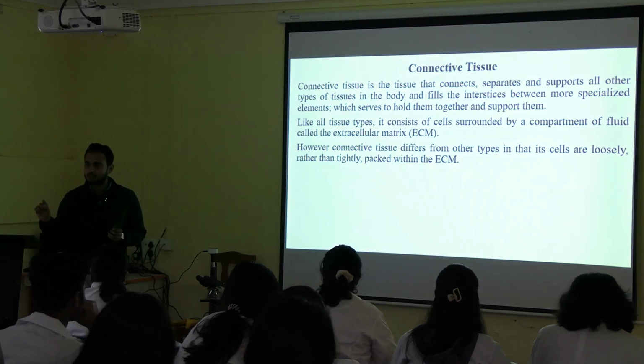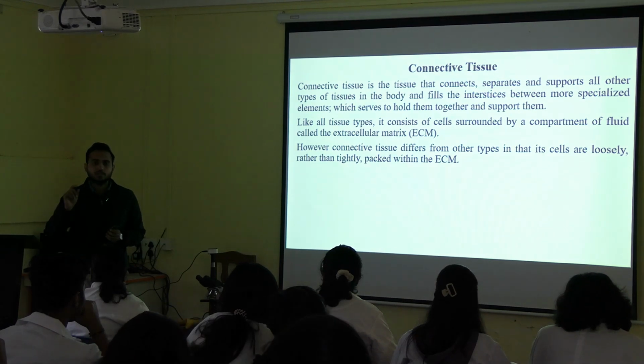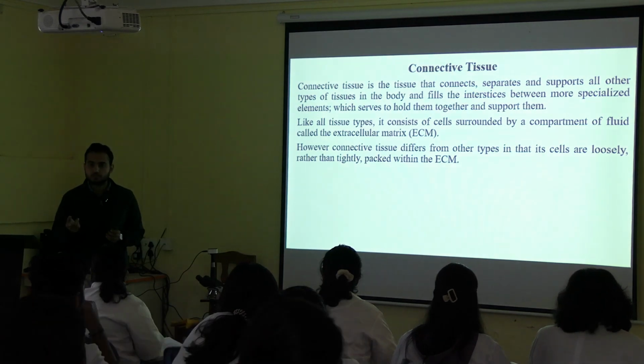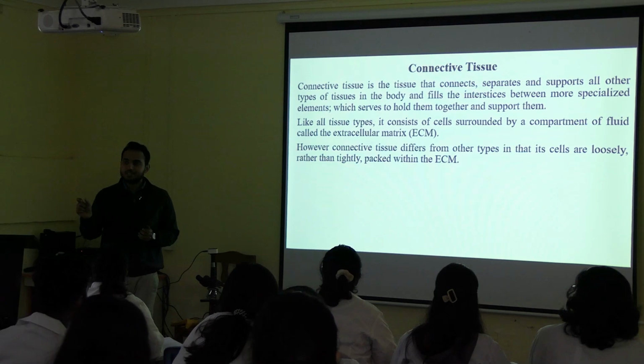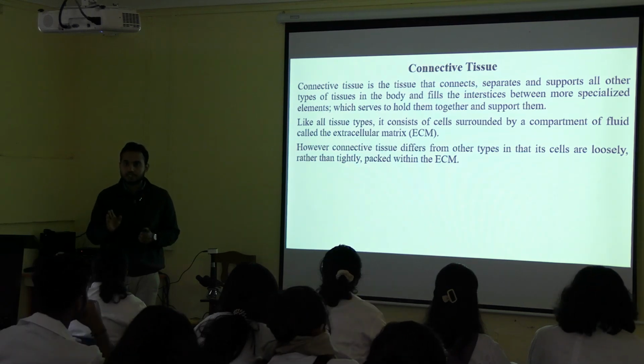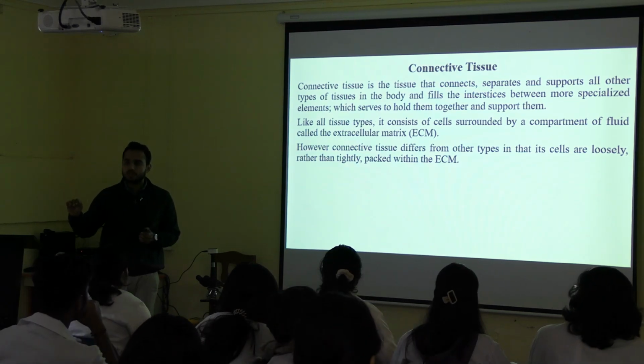If you take the example of simple columnar, simple cuboidal, simple squamous epithelium, in between the cells the gap is not there, right? And those cells are attached to the basement membrane.